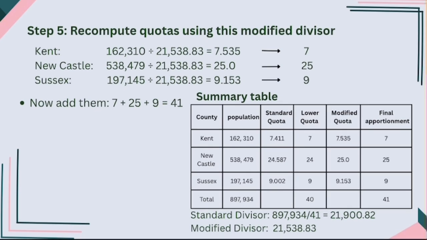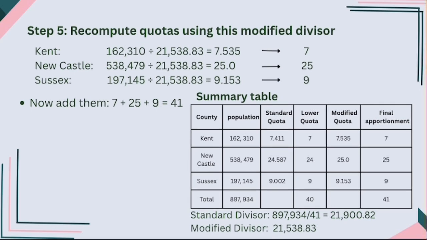Sussex is 197,145 divided by 21,538.83 equals 9.153. Now add them. 7 plus 25 plus 9 equals 41.